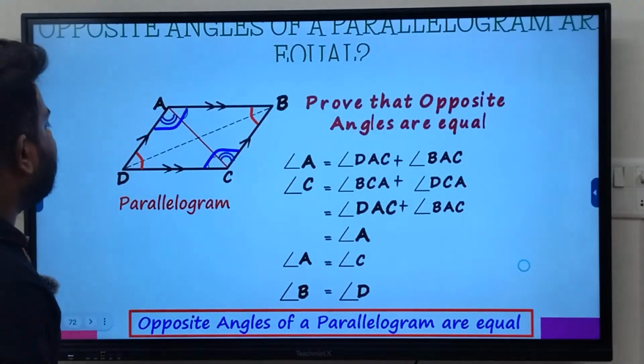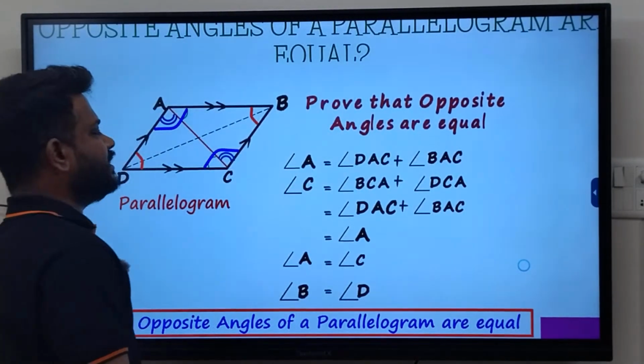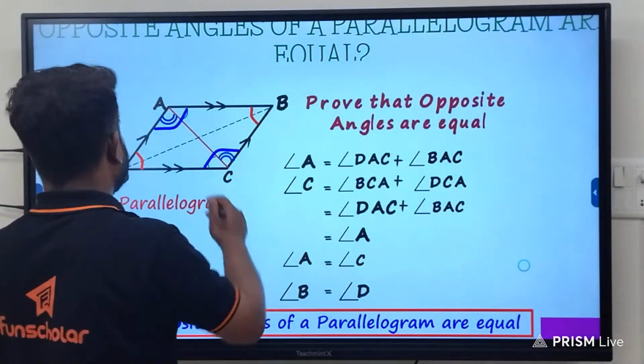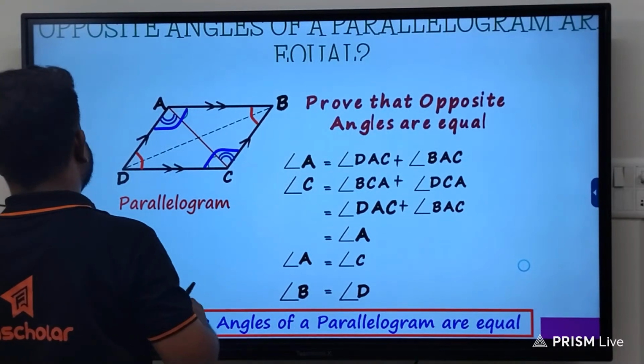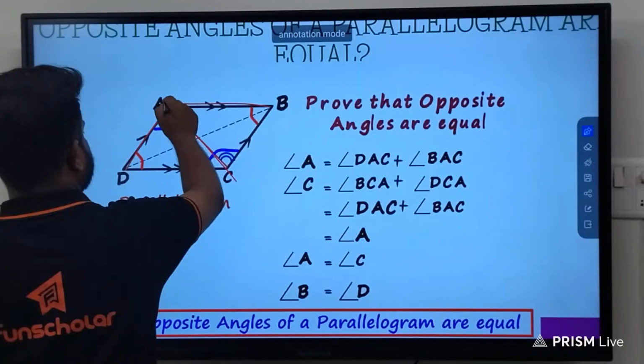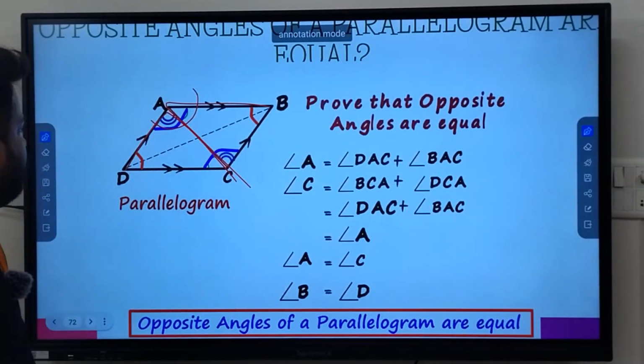So angle A will be angle DAC plus BAC, and angle C will be angle BCA plus DCA. If we join DAC and BAC, then the whole angle will be formed.